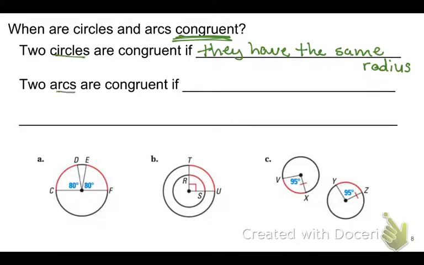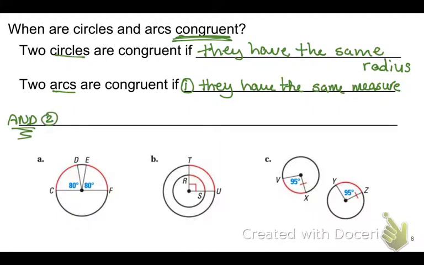Now, two arcs are congruent if they satisfy two requirements. One is that they have the same measure, so the number of degrees is the same.